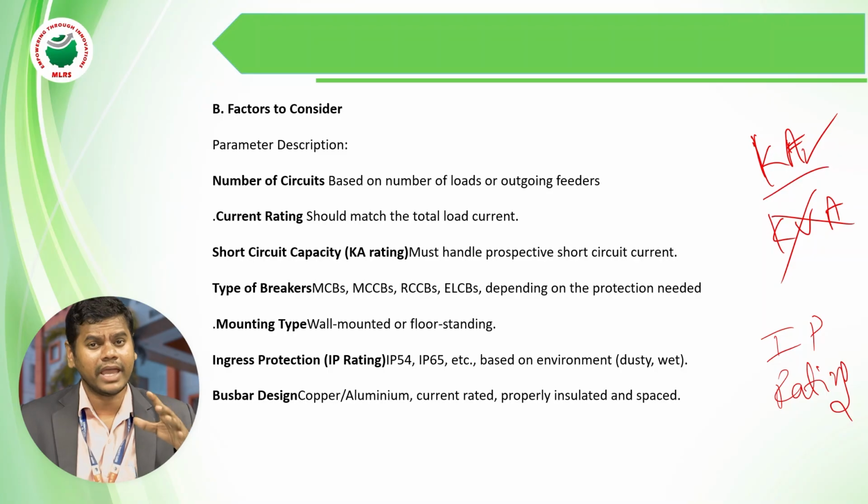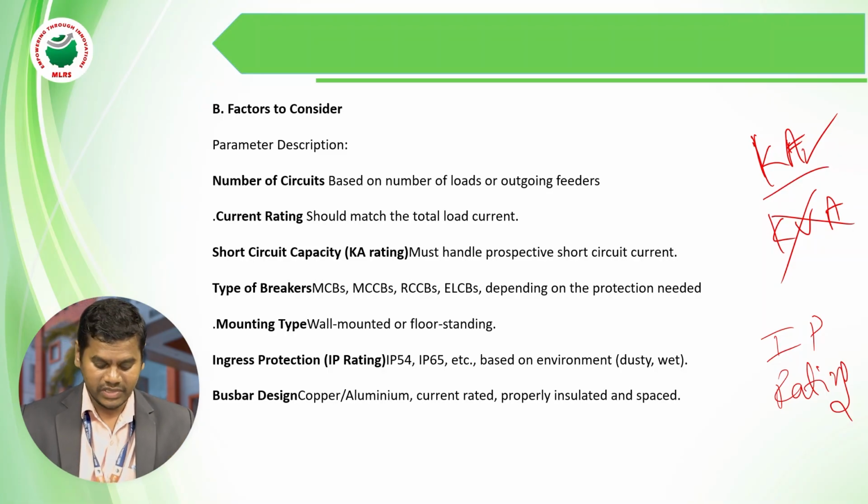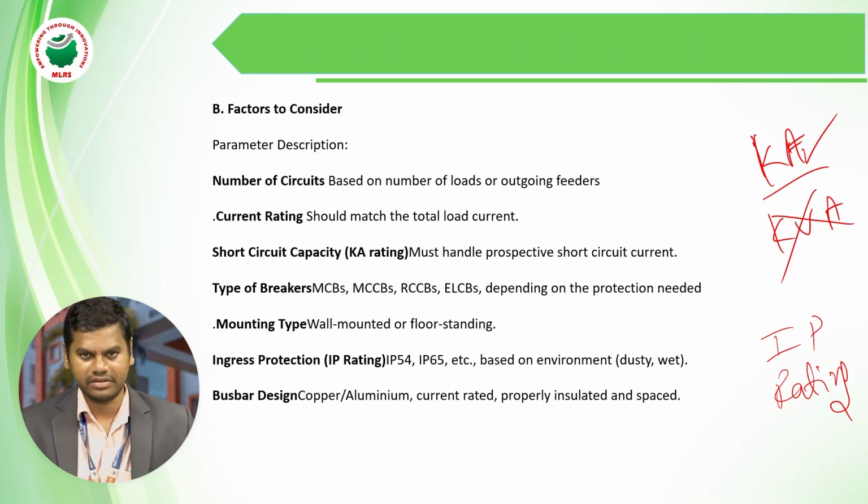Current rating should match the total load current. And short circuit capacity, which is measured only in kA, kilo amperes, not kVA. It must handle the prospective short circuit current.